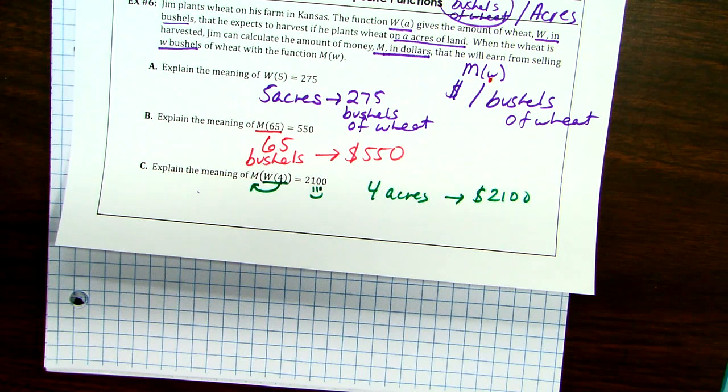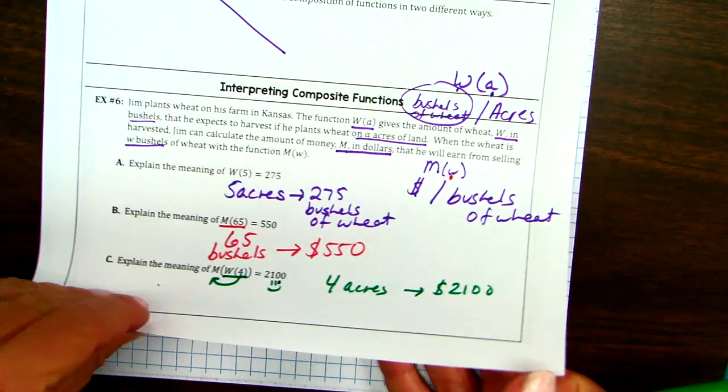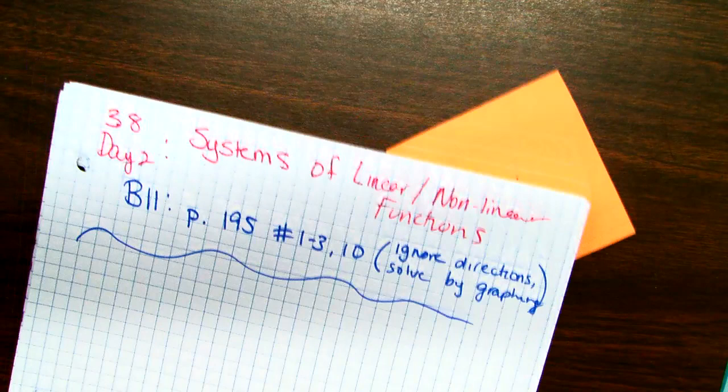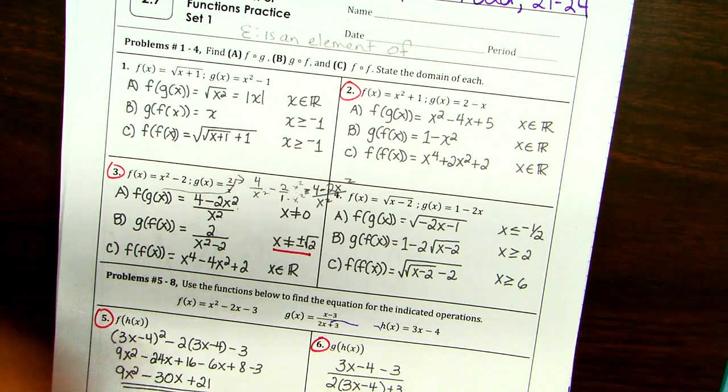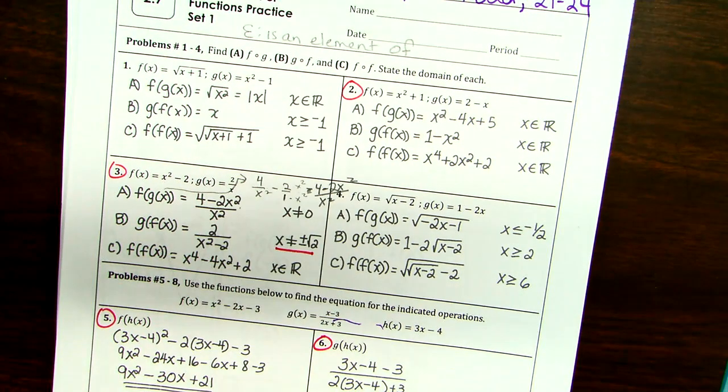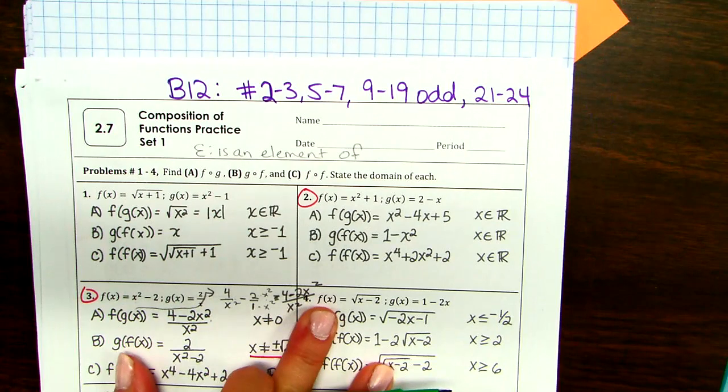All right. Let's go to the homework. This first page is the only page you need a calculator on, so I'm hoping you just get that done in the class. So find your practice set 1, write that down, and I'm going to do number 2 with you.